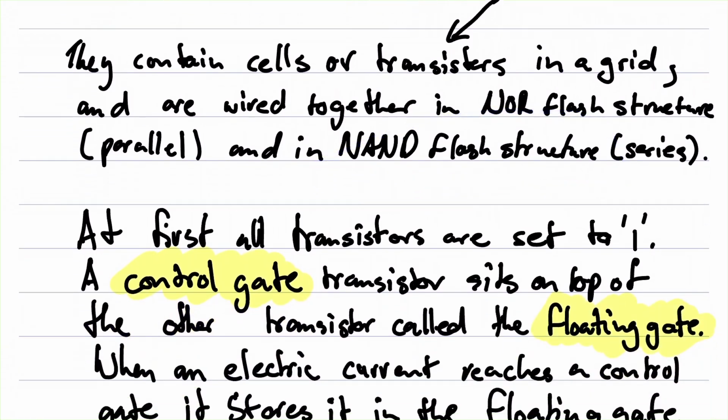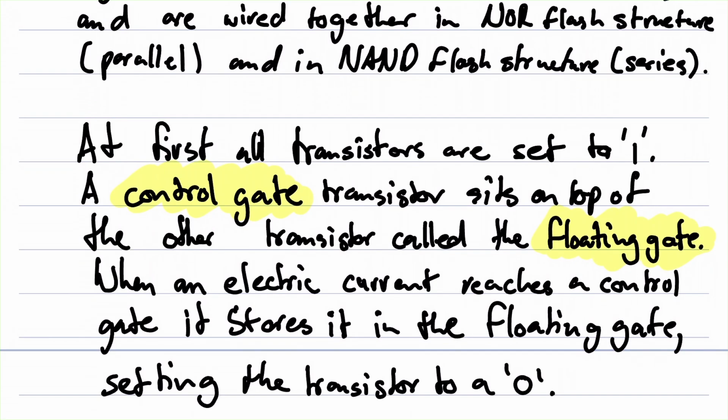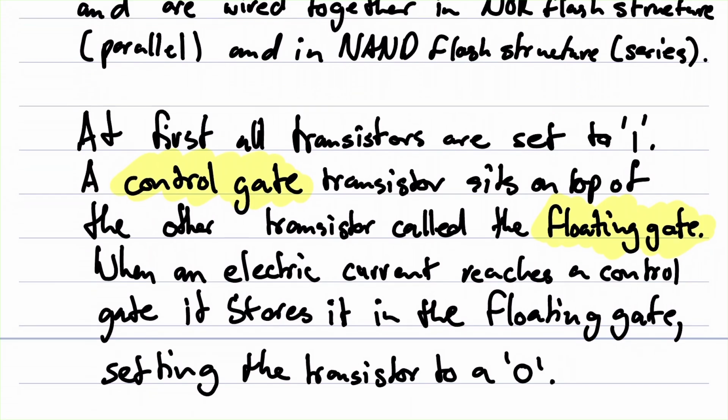At first, all transistors are set up to be a 1 when you first buy your solid state drive, or your USB storage drive. They each have a control gate transistor and a floating gate transistor. So originally the floating gate would be at 1.